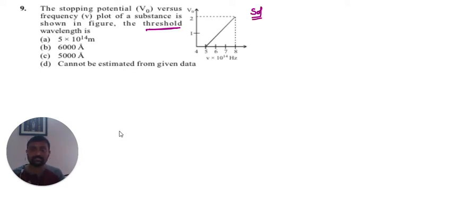Threshold wavelength is nothing but the maximum wavelength which can cause photoelectric effect. Now, how can the threshold wavelength be expressed in terms of work function? You know that phi naught equals h nu naught, where nu naught is the threshold frequency.